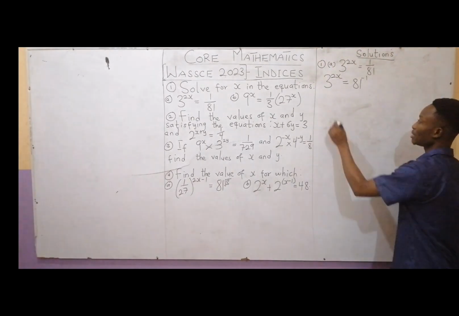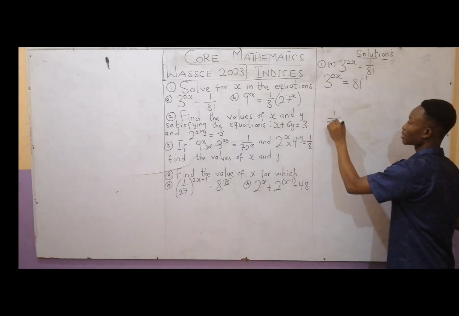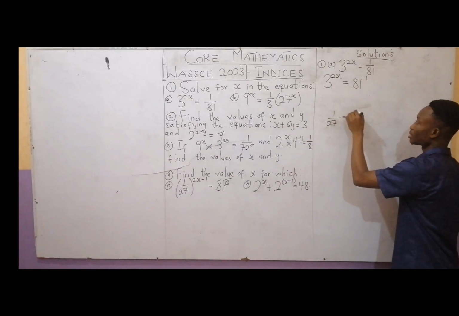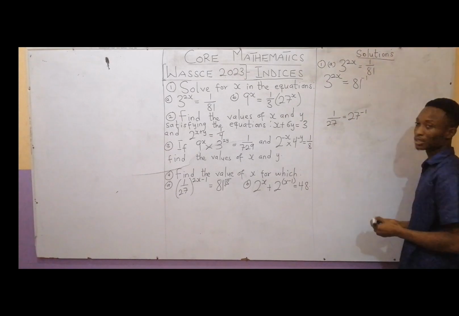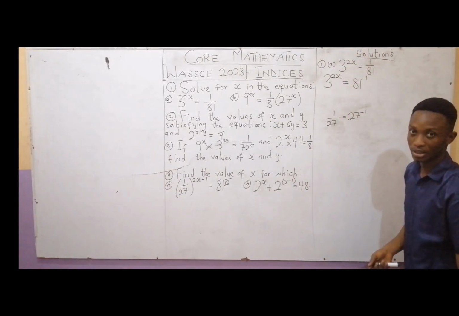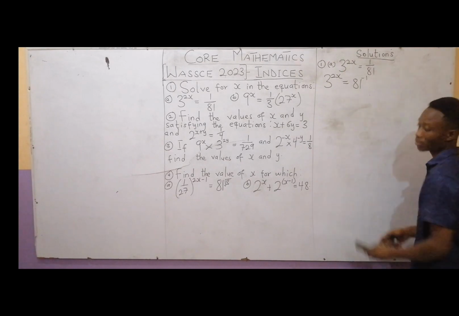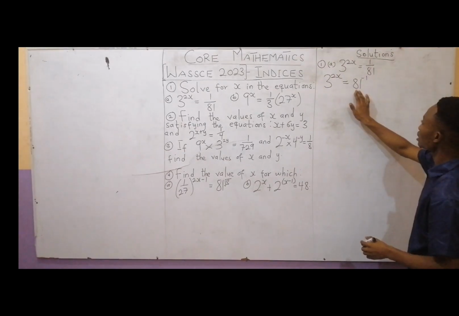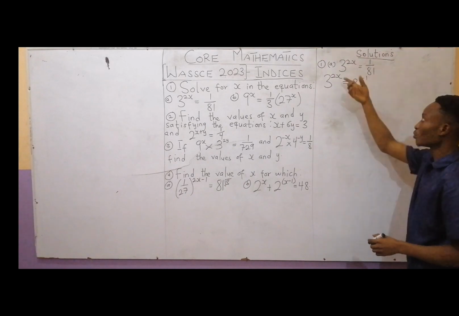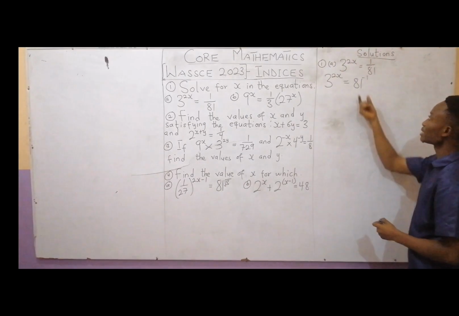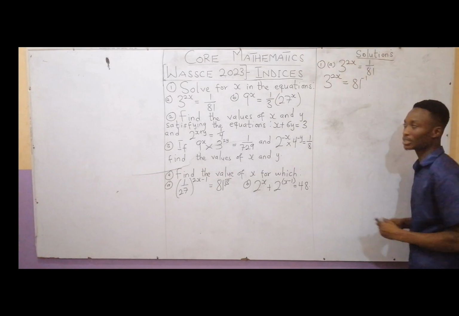So basically it means that if I also have 1 over 27, then it's going to give me 27 raised to the power negative 1. That is all that reciprocation talks about. Okay. So you can express this 81 to look like 3 with a power. So let's write 81 in the exponential form.